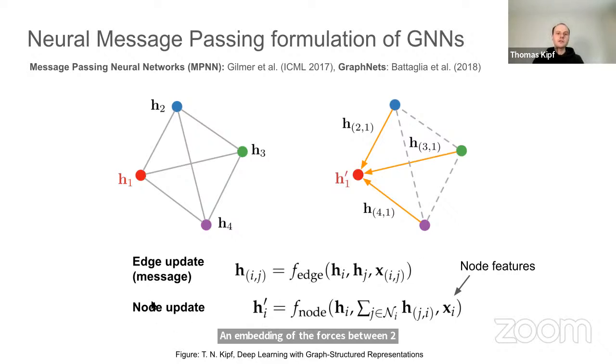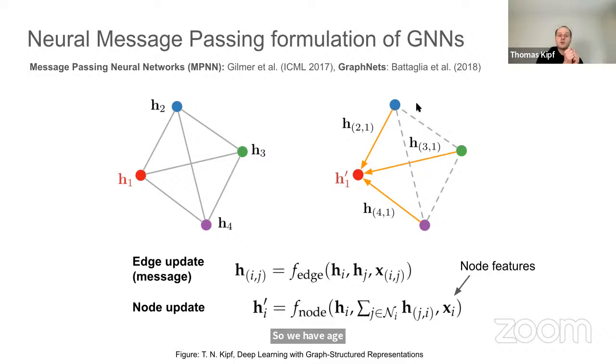And then the node update function basically takes all these messages, h_ij, that we now computed, and aggregates all of them, for example, using a sum or some other aggregation operation. So we sum over all these neighboring messages, which is depicted here in this figure. We have h_21, h_31, h_41, all of these messages that come into this one node here that we just computed.